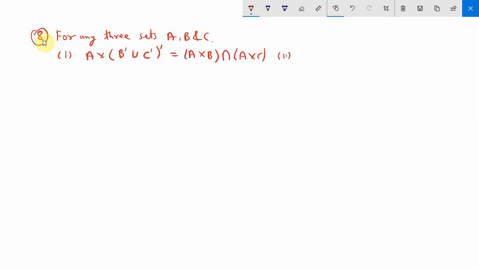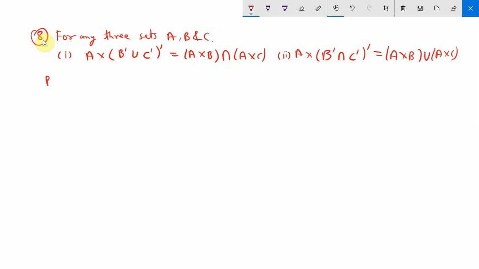Second one is A × (B' ∩ C')' is equal to (A × B) ∪ (A × C).